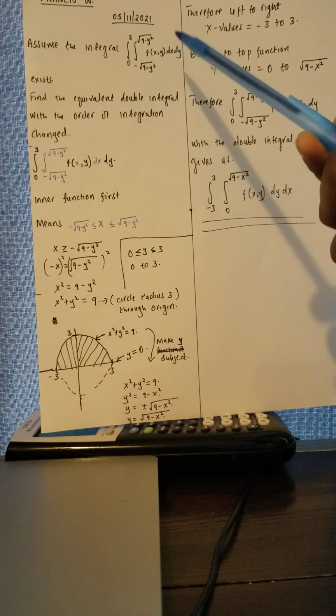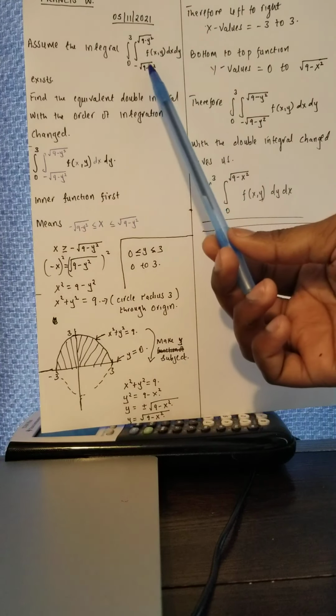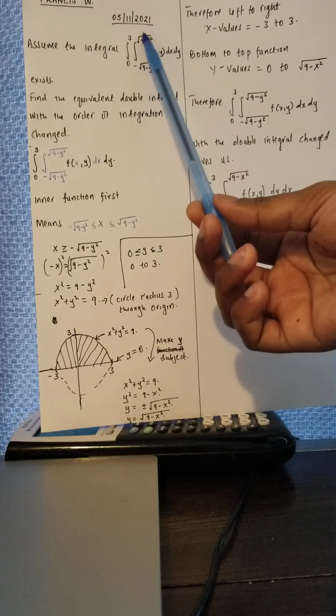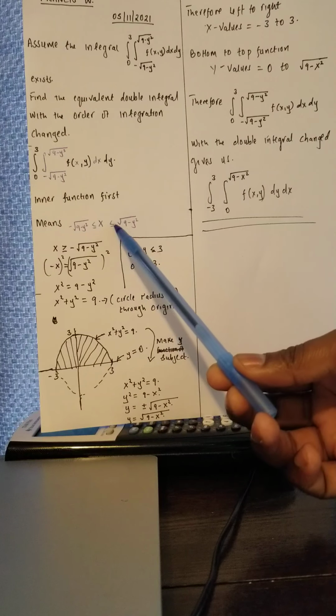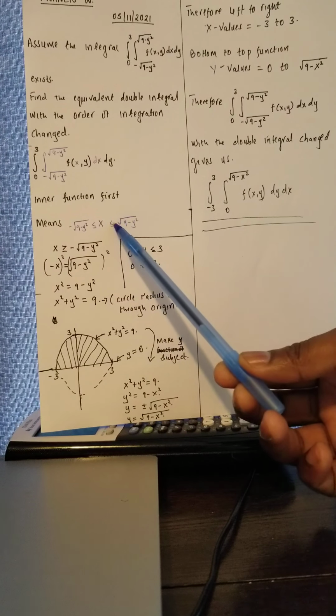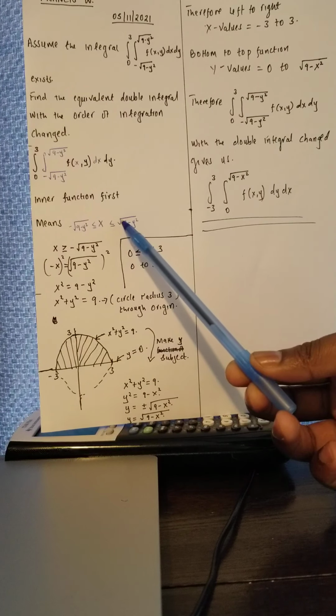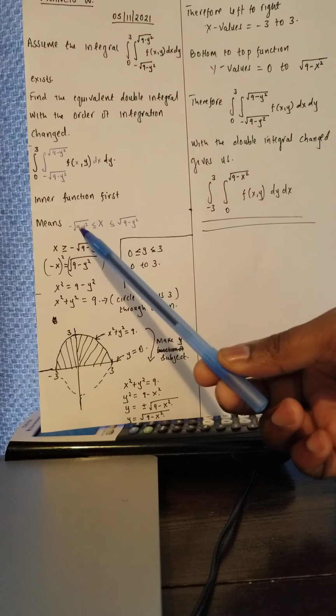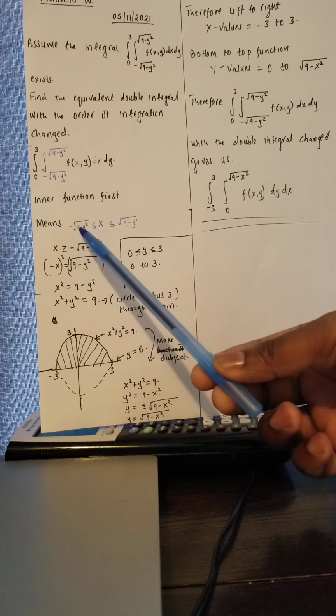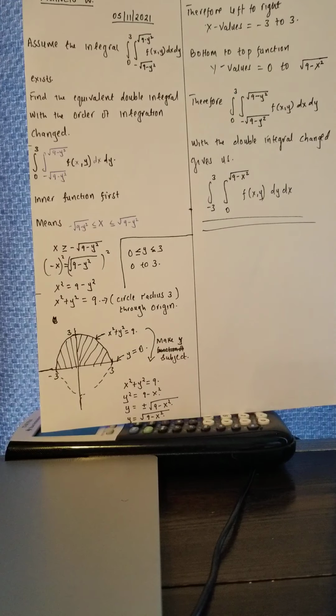So just by looking at it, we can take these limits for x and put them in this form. So x is less than or equal to the upper limit, which is the square root of 9 minus y squared, which is greater than or equal to negative the square root of 9 minus y squared.